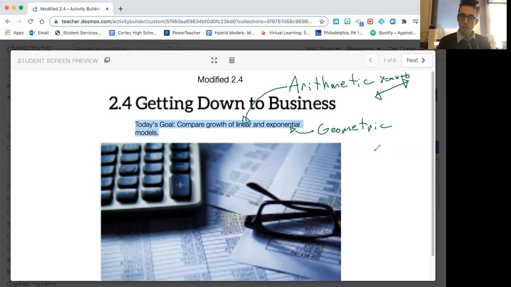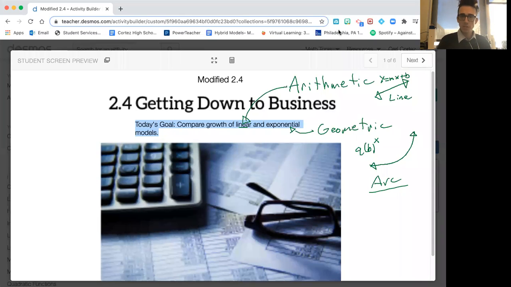If it's geometric, it has more of an arch, and it is usually written as a times b to the x power. Exponential has more of an arc shape when it's graphed out.